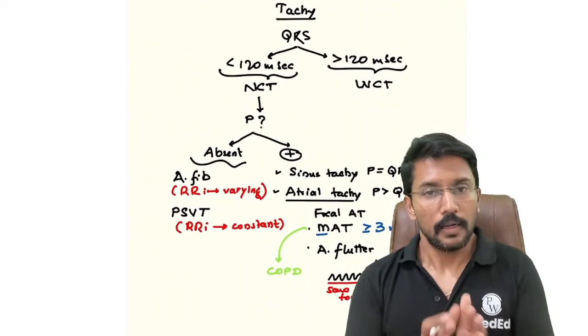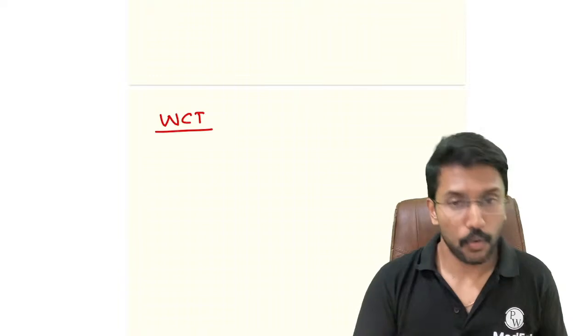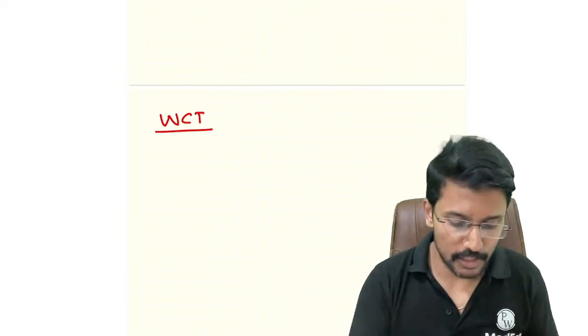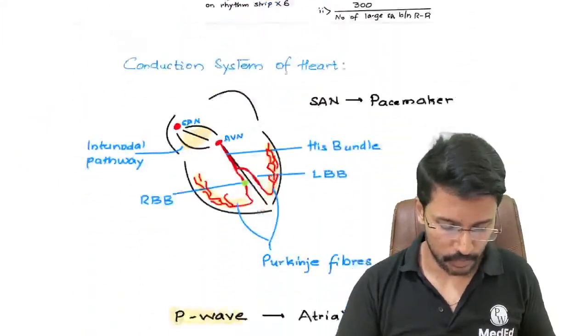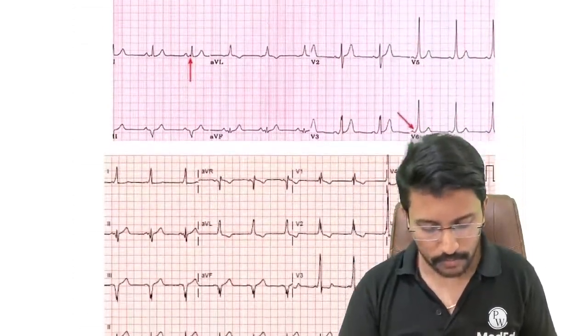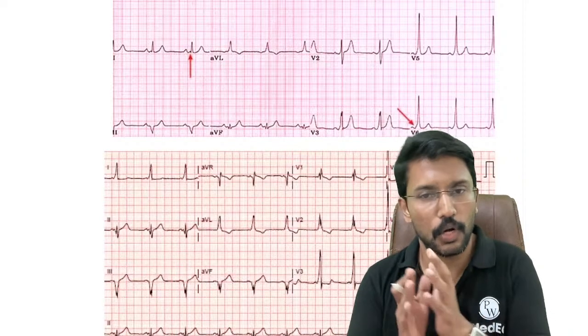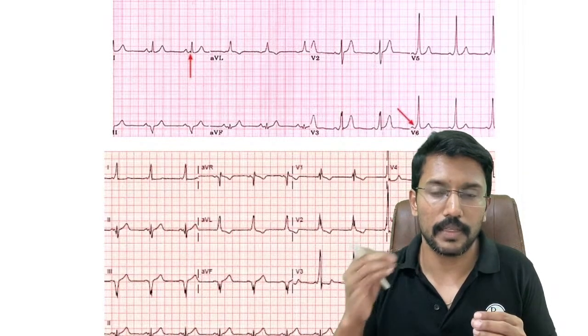Okay. Now, how about the wide complex tachyarrhythmias? Wide complex tachyarrhythmias is where the QRS is wide, right? They are very easy to identify. We generally do not get confused between those. Again, for those who are ECG nerds, apart from the common wide complex tachyarrhythmias, you have a condition called SVT with aberrancy.